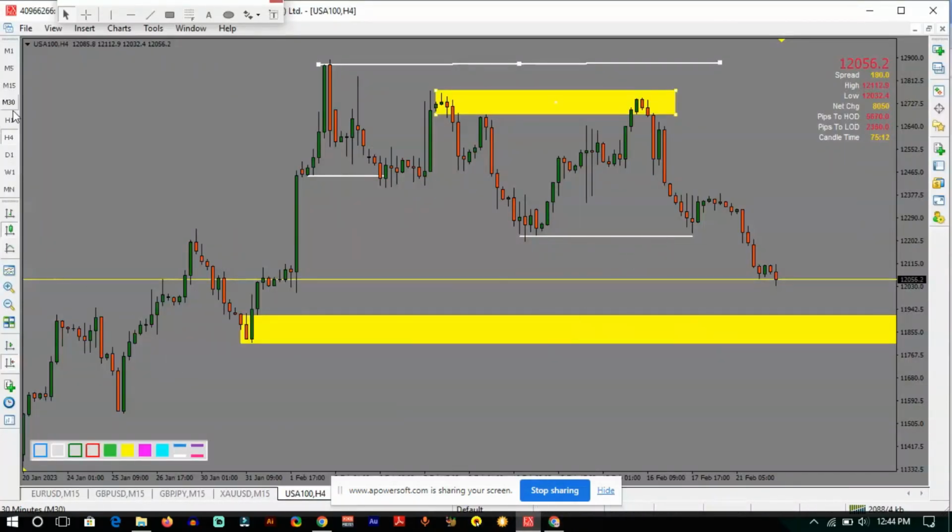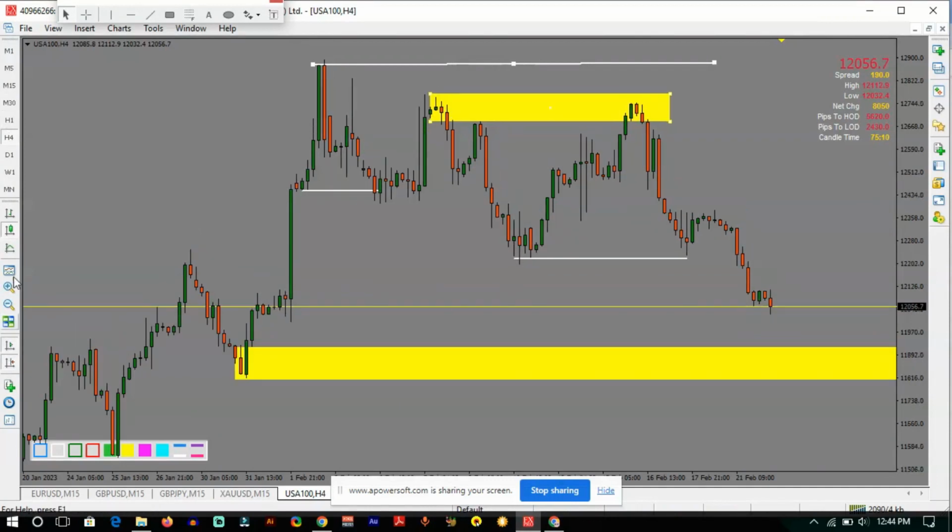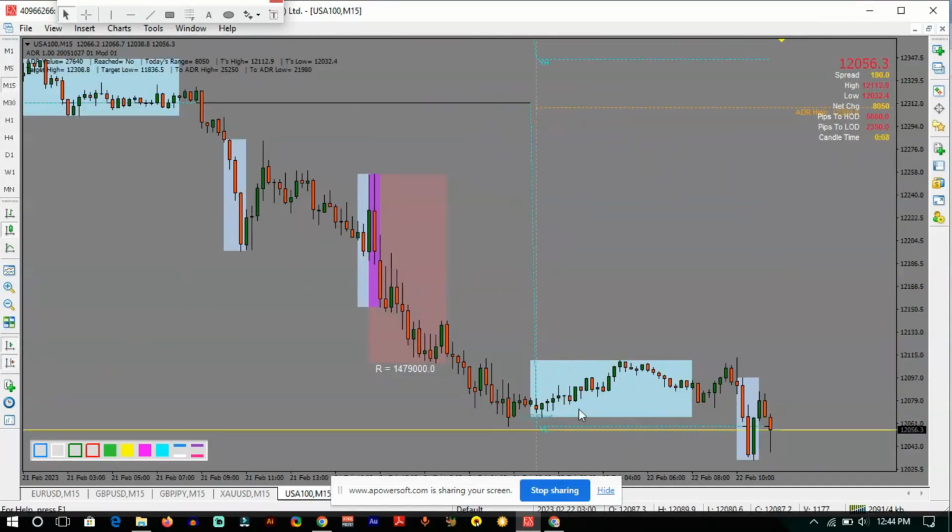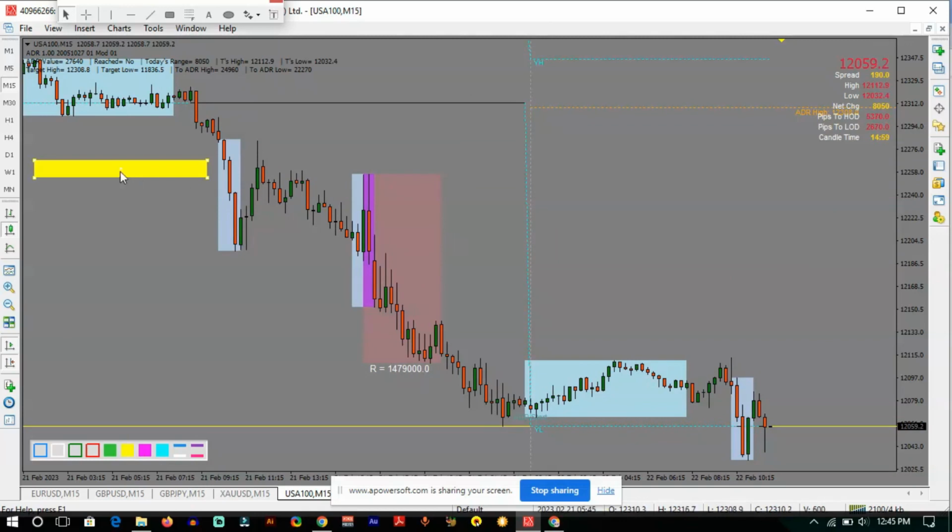Here for me on lower time frames like the M15, what I do is that I start to look out for order blocks. The market tends to react to order blocks. These become points for me to look for selling opportunities. This is M15.